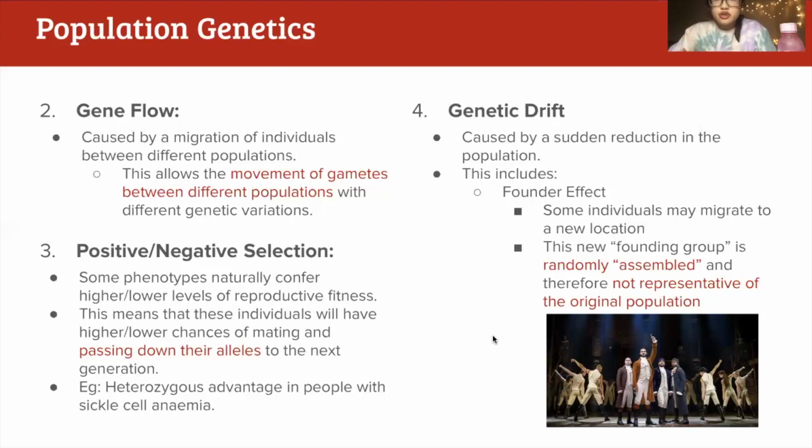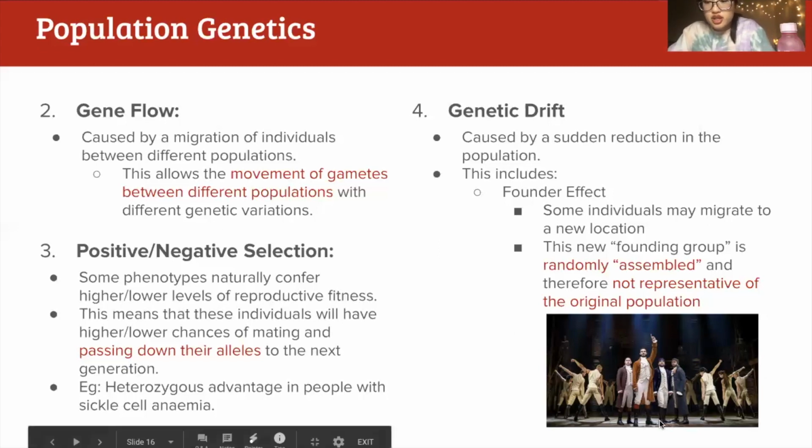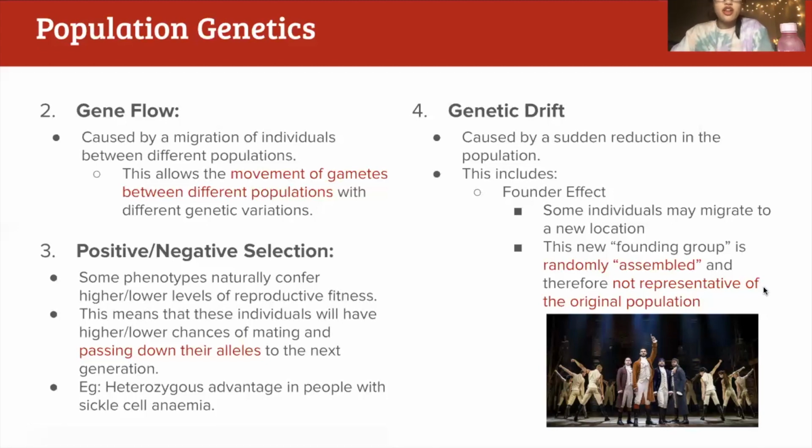So some individuals may migrate to a new location, and this founding group, such as the cast of Hamilton, is randomly assembled and therefore not representative of the original population. So a group of individuals may just randomly decide, I do not enjoy this environment, and they migrate somewhere else.